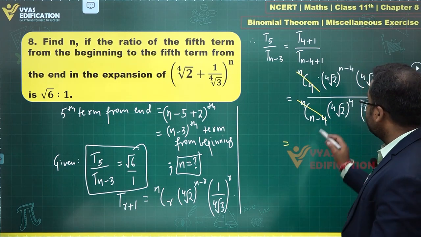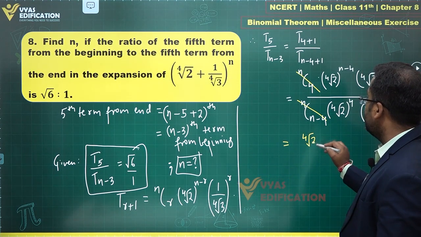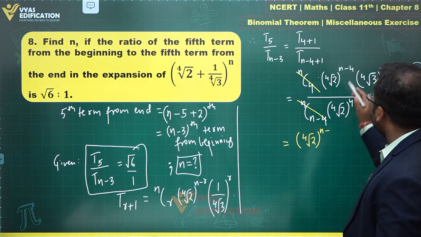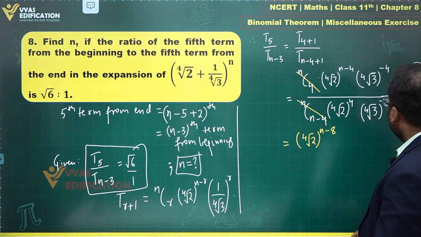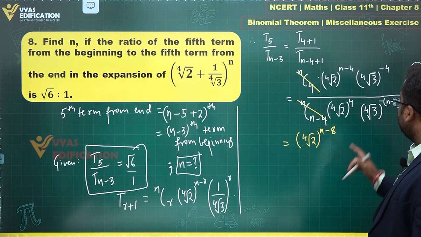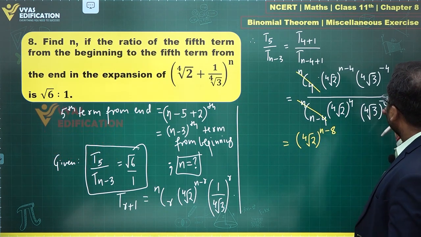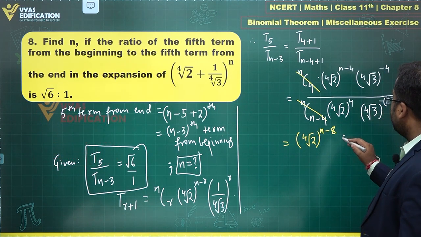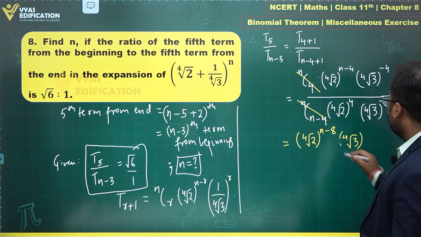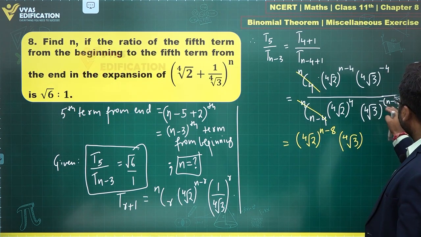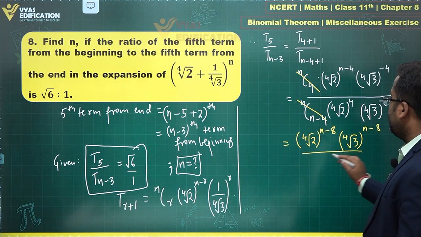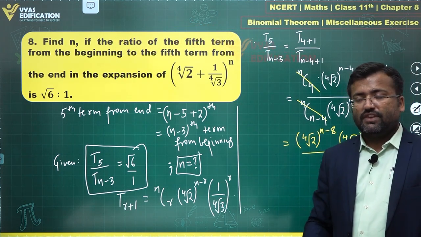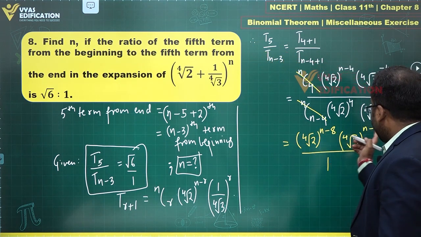We can combine them and this will become the fourth root of 2 power n minus 8. And this is the fourth root of 3, raised to minus 4, which becomes n minus 4 minus 4, that is n minus 8. In the denominator, you'll have a 1. Powers are same.